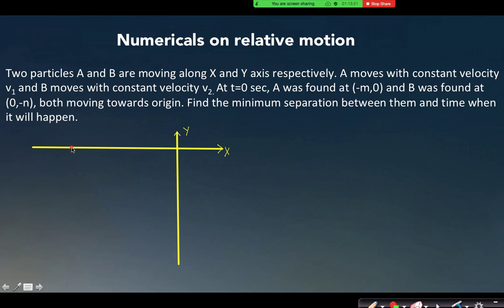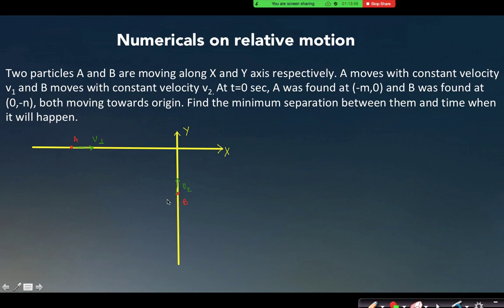This is the particle A and this is the particle B. And it is given that both are moving towards origin with v1 and v2 velocity. So this velocity is v1 or vA, you can say, or this velocity is v2.